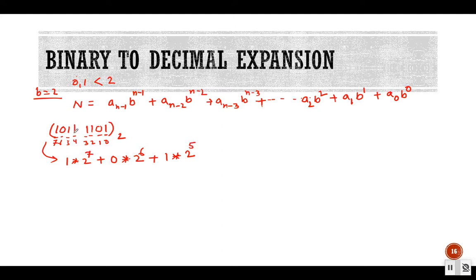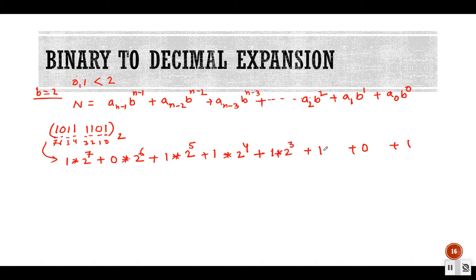In the fourth place we have 1, and that's 2 to the power 4, 1 0 1 1. Then I have 1 1 0 1, so let's just write that down. 1 1 0 1.